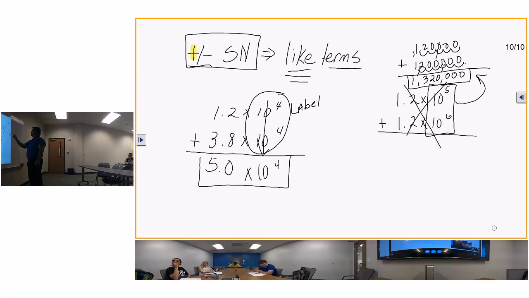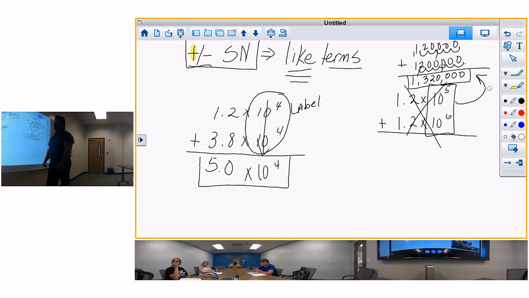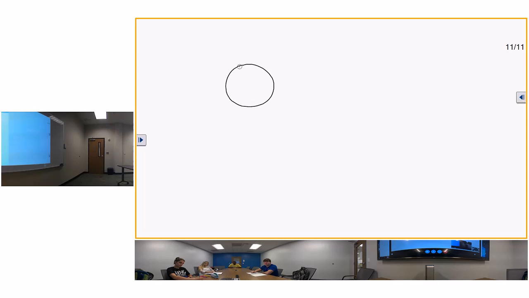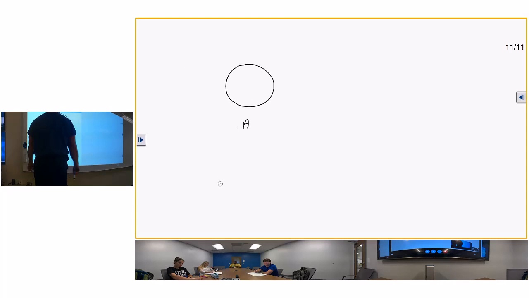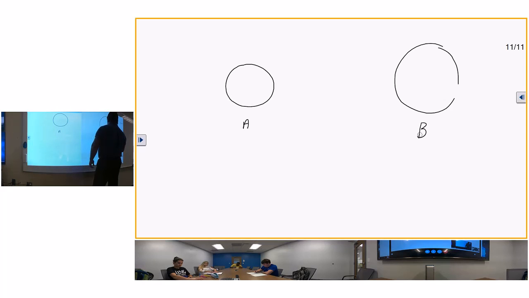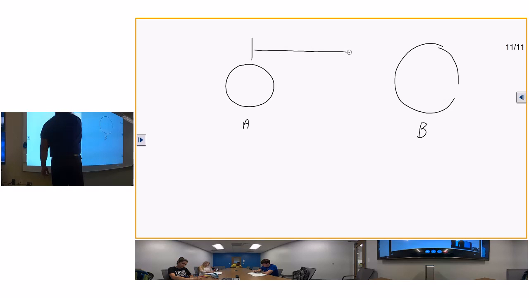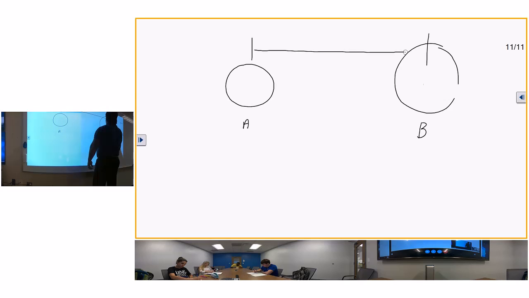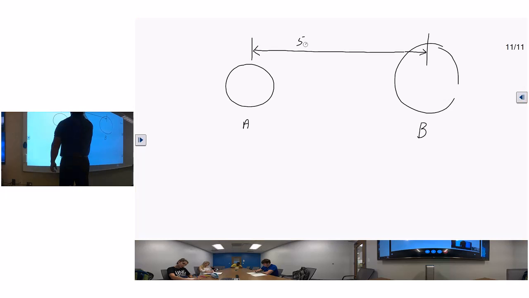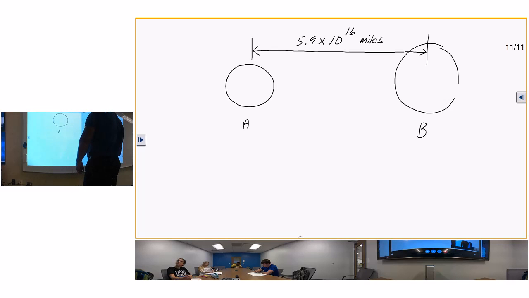All right? Time for another example. This is a test question. You got planet A. You got planet B. The distance from this planet to this planet is 5.9 times 10 to the 16th miles. Everybody with me?